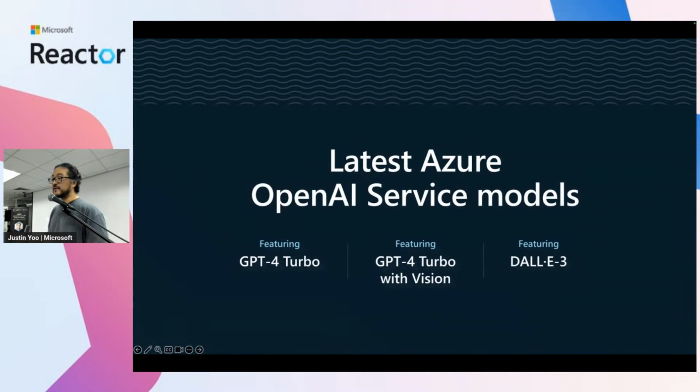Recently we have announced the availability of GPT-4 Turbo, GPT-4 Turbo with Vision, and DALL-E 3 in the Azure OpenAI service. GPT-4 Turbo offers the same accuracy as GPT-4, but with increased efficiency and higher throughput.